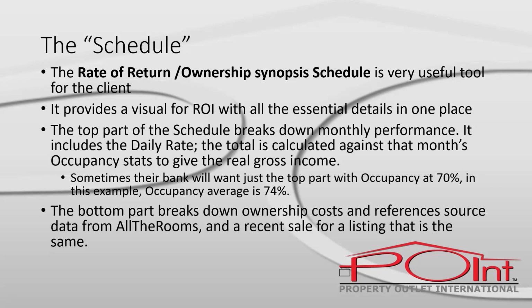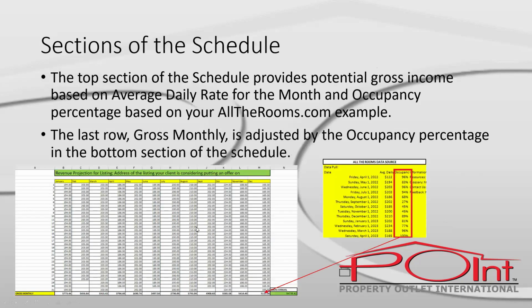The MLS listings are already going to have the HOA fees. It's going to have the taxes. You can kind of guesstimate at the insurance and the utilities. And then in our example, we have just 10% for the management fee. But let's dive right into that.